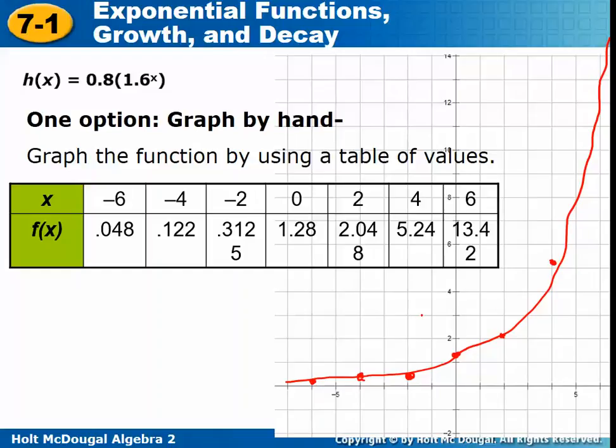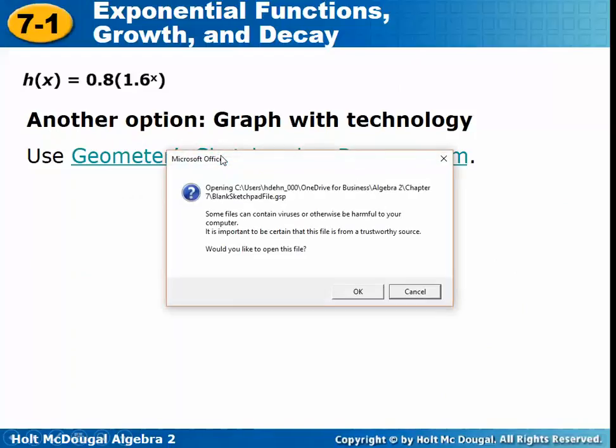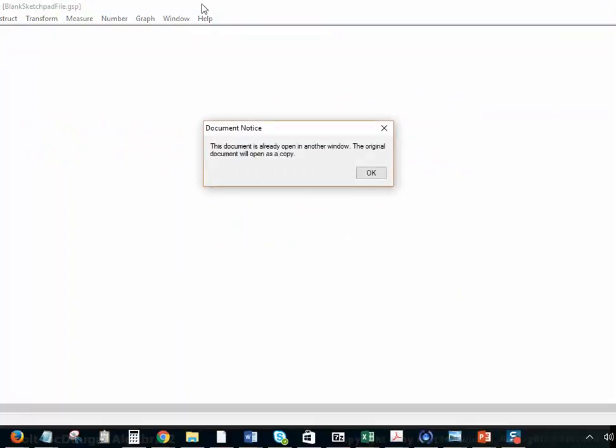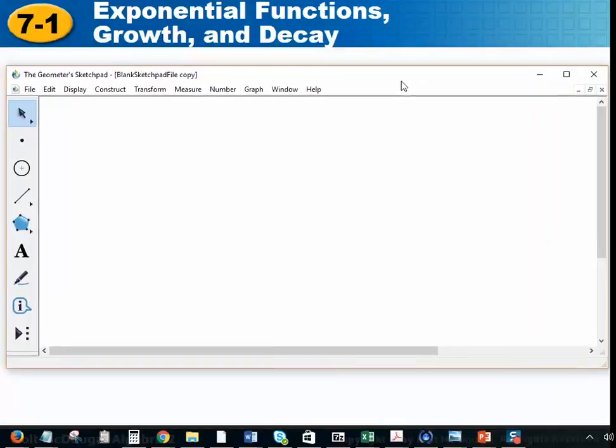Now, as you can imagine, it would be much easier if we could use some technology here. So let's graph this 0.8 times 1.6 to the x with Sketchpad. Let's move this over so you can see it better.